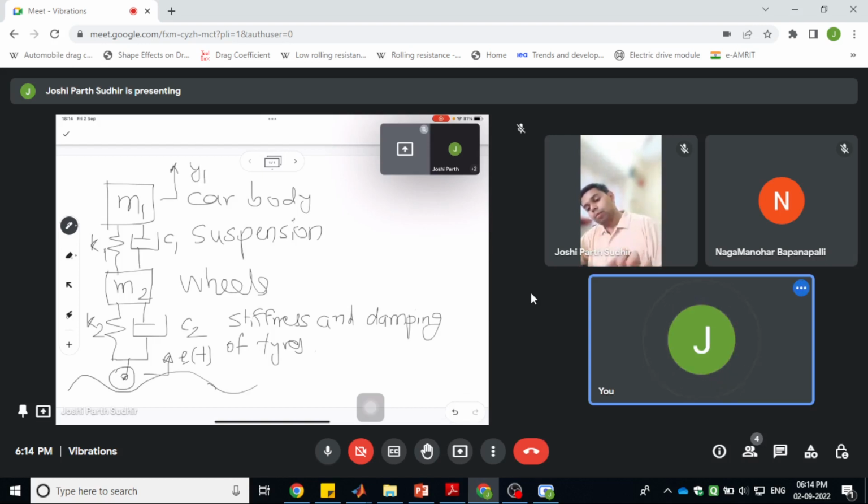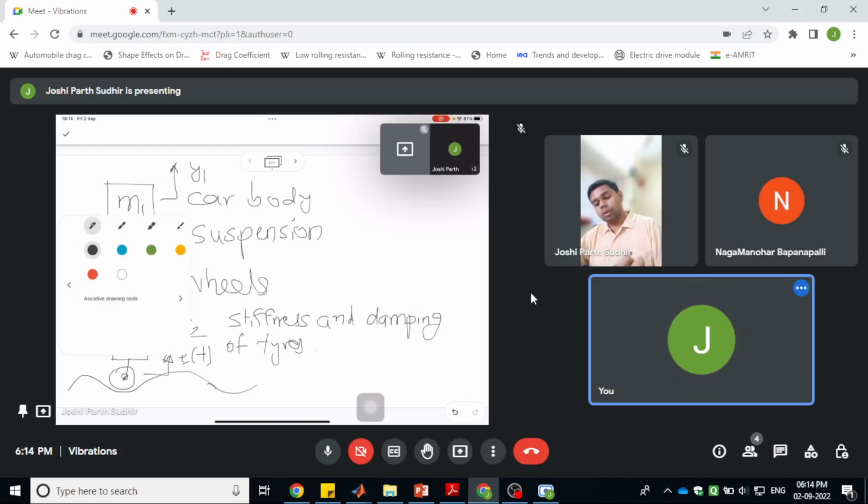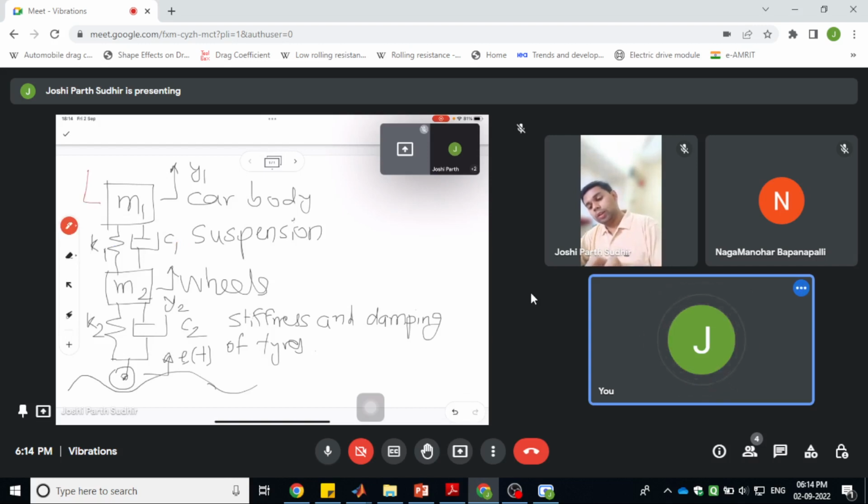Let us say we call the displacement of the mass m1, or the car body, with respect to its equilibrium position as y1, and the displacement of the mass m2 we designate as y2, and the displacement of the wheel base we are writing as e of t.